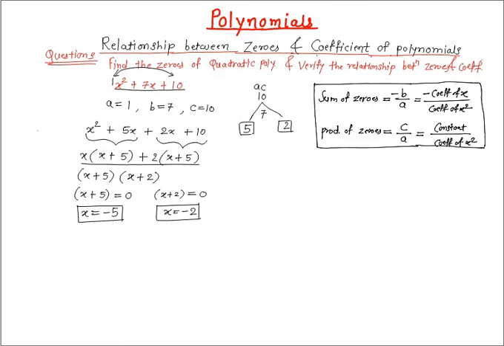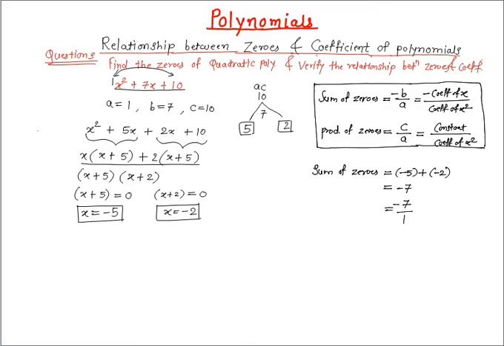So let's verify this. What is the sum of zeros for the given polynomial? It is minus 5 plus minus 2, which is nothing but minus 7. And we can write this minus 7 as minus 7 by 1.